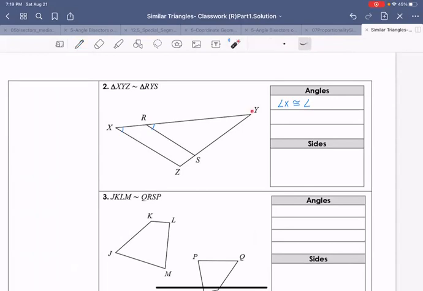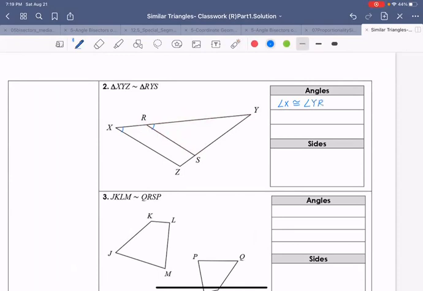R. Well, this point has several different direction lines. You cannot call it R. They don't know if you are talking about this angle or this angle or this angle. So you have to say angle YRS. Does this make sense to you?